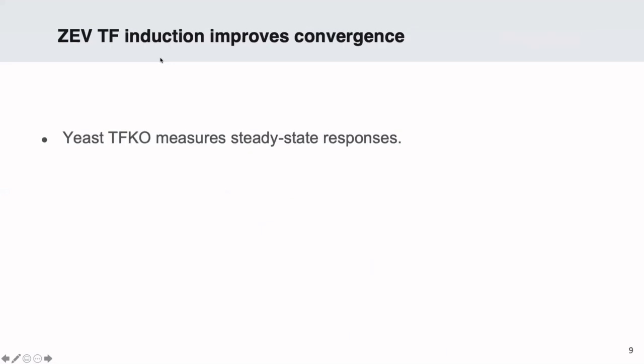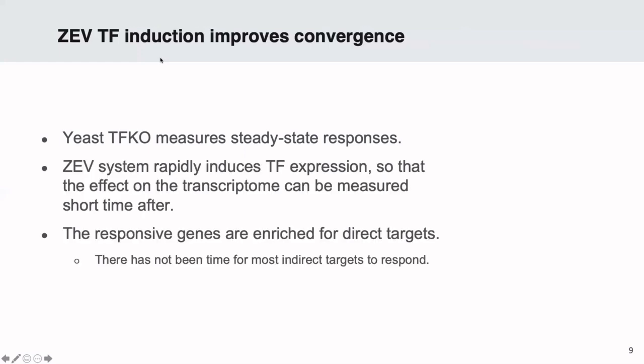One way that we think could potentially improve this is, instead of using the TF knockout data, because that measures the steady state, which includes many indirect responses due to the TF perturbation, we can use more recent developments. The ZEV system can rapidly induce the expression of the transcription factor, so that you can measure the transcriptomic response shortly after you induce the TF.